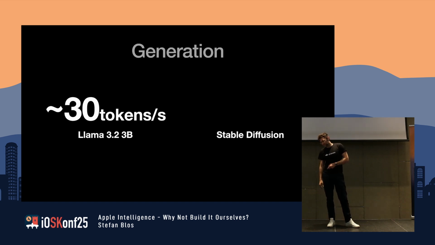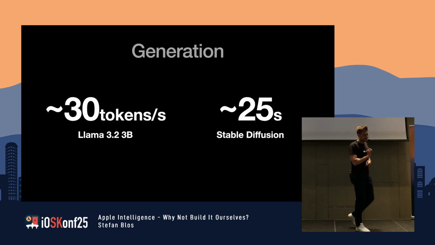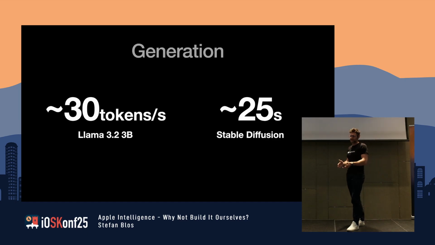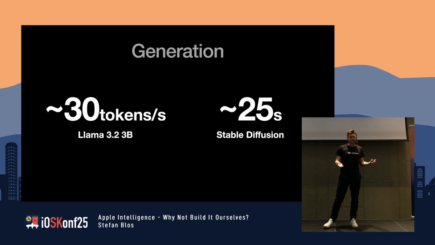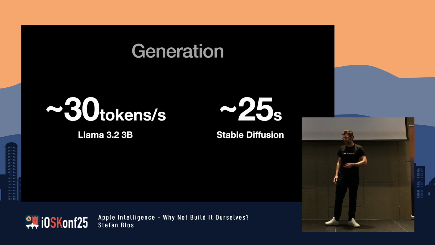For the stable diffusion model, on the other hand, generating one image actually takes 25 seconds, roughly, right? And this is using the latest iPhone. So on older models, this will take even longer. And you know, it's not a problem per se, because you can clearly communicate this, but still it's not that fast, right? So we would need to at least work our way around this a little bit.